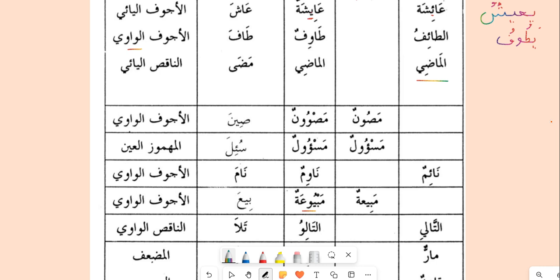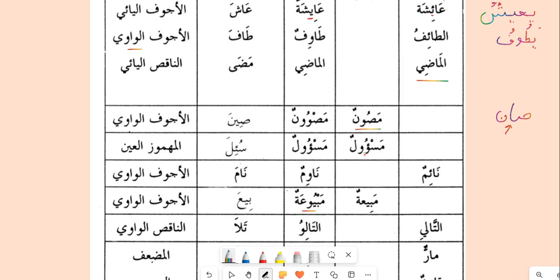It's ismun maf'ul, comes from the verb sana. As soon as you see alif, it's ajwaf al-wawi. The present tense is yasunu, and from that you get masunun.